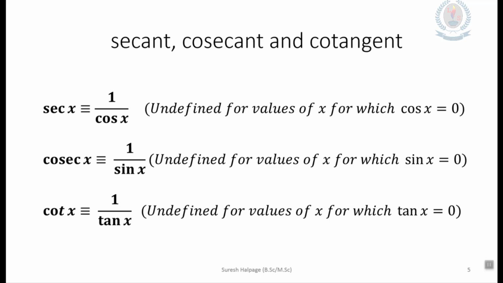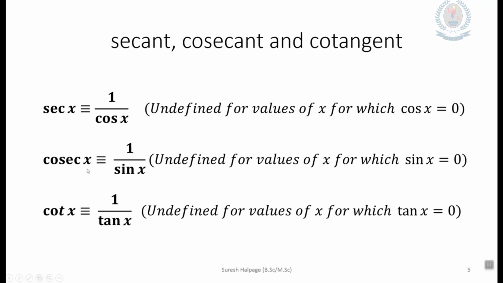Secant, cosecant and cotangent. What are each of these functions? We often call them reciprocal trigonometric functions. Sec x is identical to 1 divided by cos x.